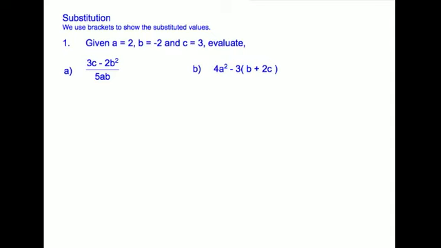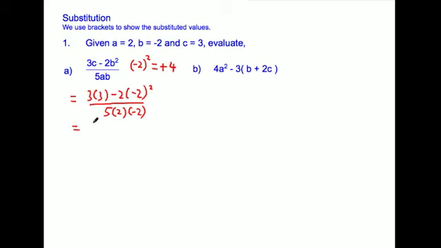Solutions to the algebra test. In the first sum, we have substitution. We use brackets to show substituted values. In this example, we must be careful to note that a negative number to the square will give a positive answer.